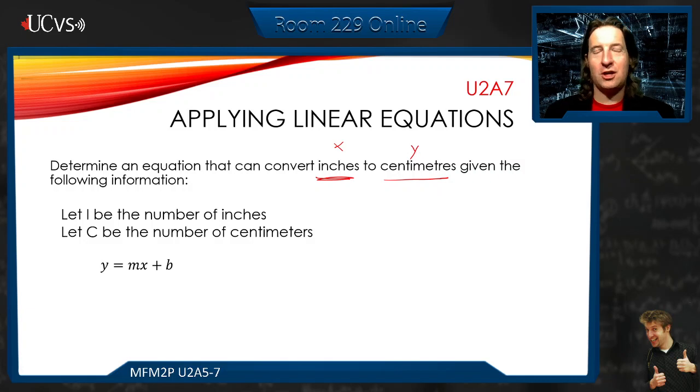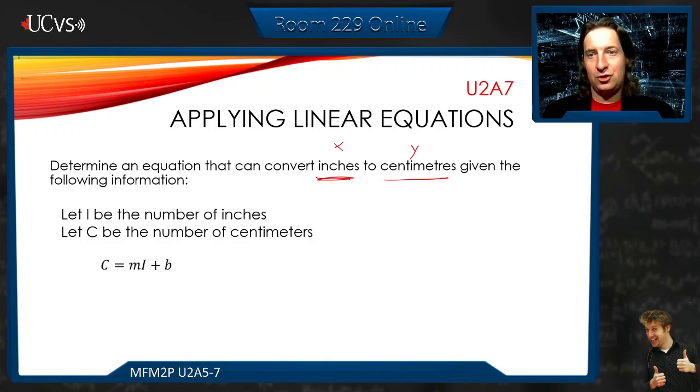My inches are the independent variable, and the centimeters are the dependent variable. We want to put in, say, 12 inches, 16 inches, 42.36 inches. That's what I'm going to put into my expression.